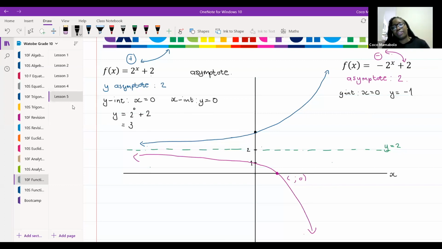So we need to calculate the x-intercept. X-intercept, y equals 0. So we're going to go into our graph and make this part over here 0. So we get 0 is equal to negative 2 to the power of x plus 2. We take the positive 2 over to the other side, and we get negative 2 is equal to negative 2 to the power of x.